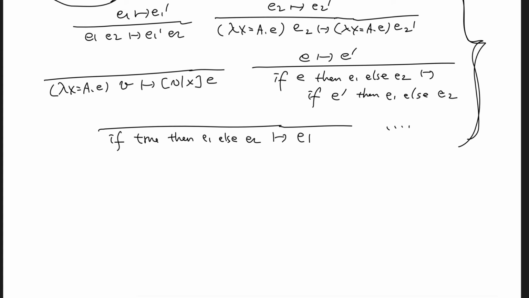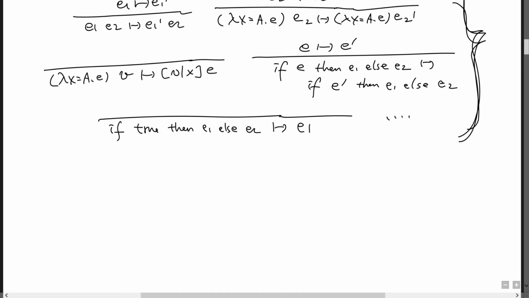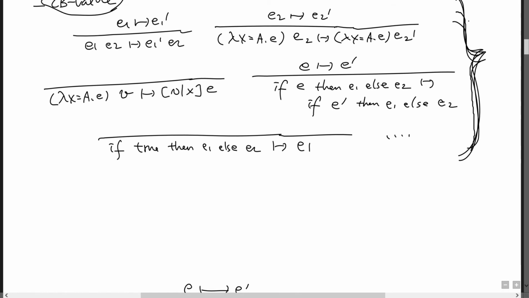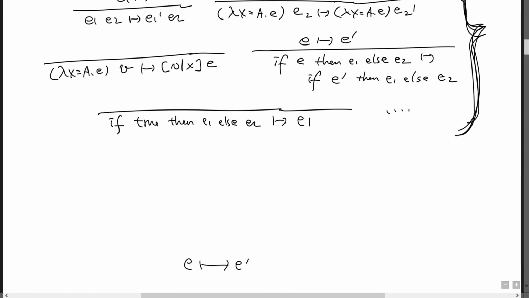Under these reduction rules, suppose that we have a reduction, say expression E reduces to E prime. If this reduction is valid, in other words, if expression E indeed reduces to expression E prime, then we should be able to build a derivation tree.